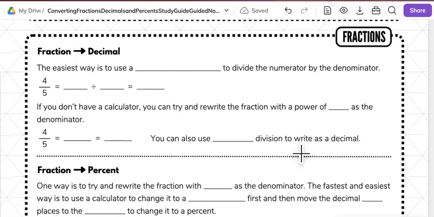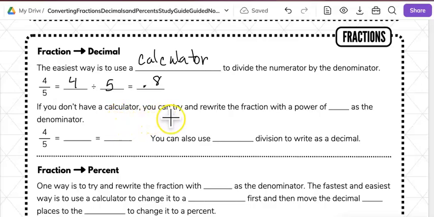Now, if you're doing a fraction to a decimal, the easiest way is to use a calculator to divide the numerator by the denominator. So 4 is the numerator, 5 is the denominator. So I do 4 divided by 5, and I get 0.8.